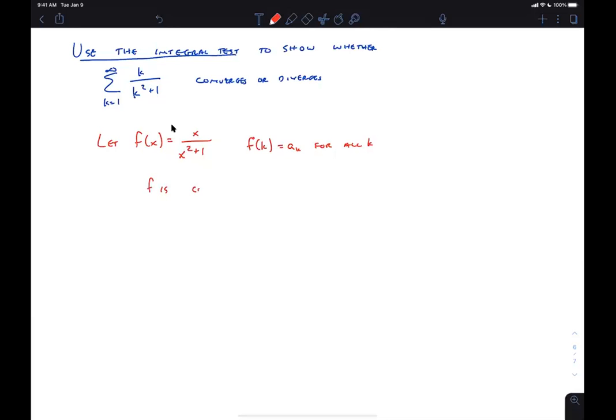So f is continuous on 1 to infinity, which is the k equals 1 to infinity part. f of x is greater than 0 on 1 to infinity, and you need to check that that's true, but you probably don't need to give much explanation as to why. x squared plus 1 is always positive, and x is not, but it is on 1 to infinity. And then f is decreasing is the one that requires some work.